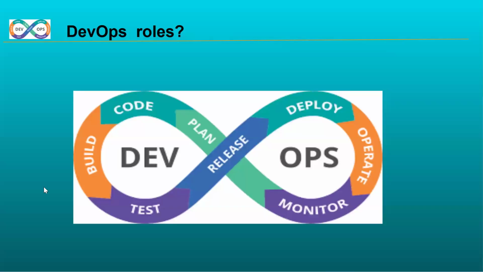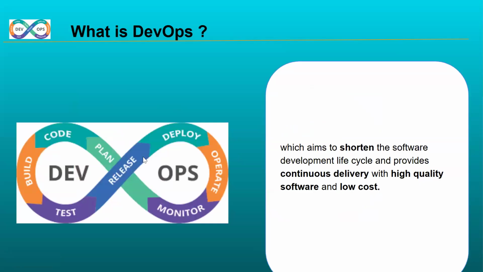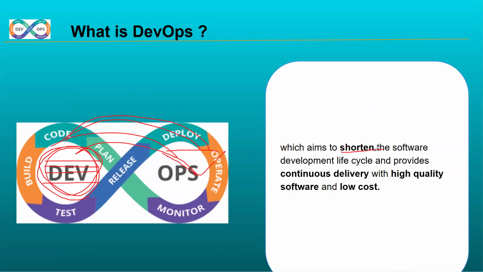Let me explain this with an example. Let's say the developers keep writing lines of code. Delivering these lines of code into the production environment within the shortest time, with high quality and low cost, is nothing but our DevOps transparent pipeline.